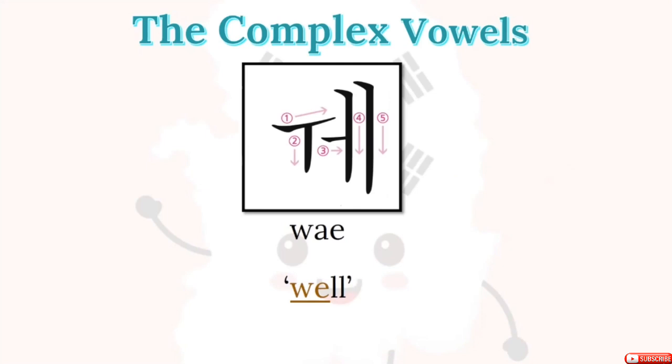Okay, this looks a little bit more complicated. This is a shorter version of we, and it sounds like the word well, we, and oo, and the shorter e. That was pretty nice.